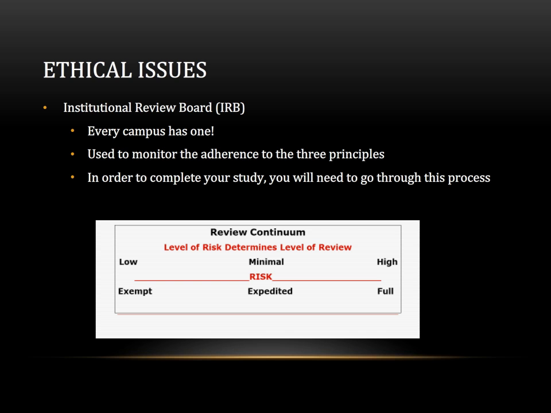This is used to monitor the adherence to the 3 principles that we discussed. In order to complete your research study, you will need to go through an IRB process. The IRB process is different for different studies. There is, as you see below, a review continuum. This determines the level of risk and the level of review.